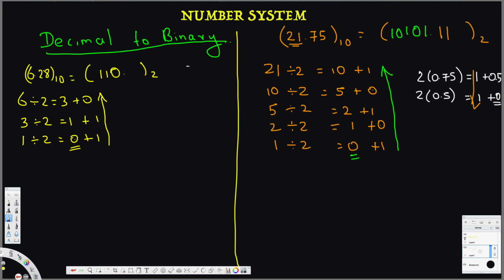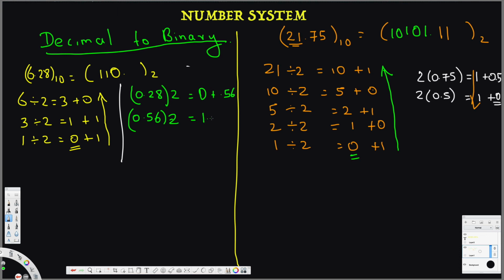Now what happens after the decimal point? What we have to do is again like we did before. We multiply that one by 2. First we have 0.28, multiply this one by 2, we will get 0.56. So I put 0 here, and then the fraction alone, 0.56, and then 0.56 multiplied by 2 is 1.12.